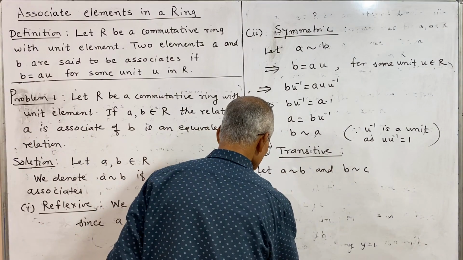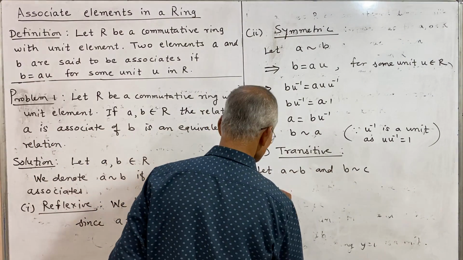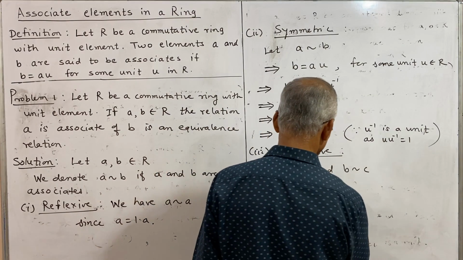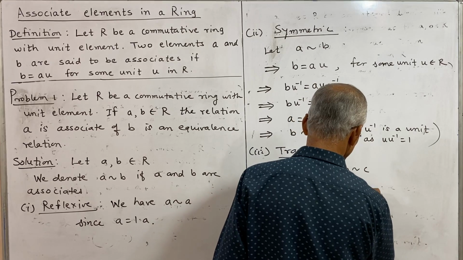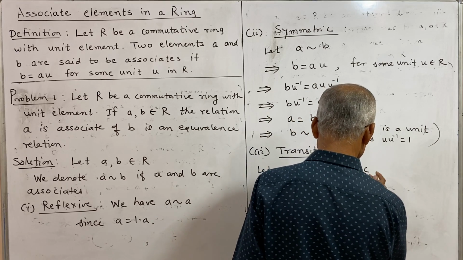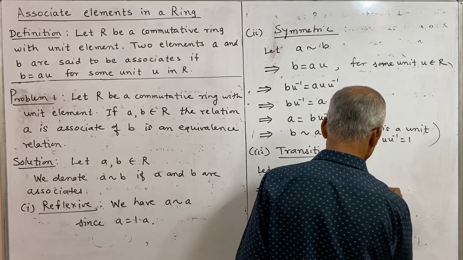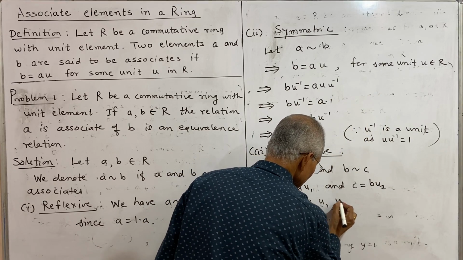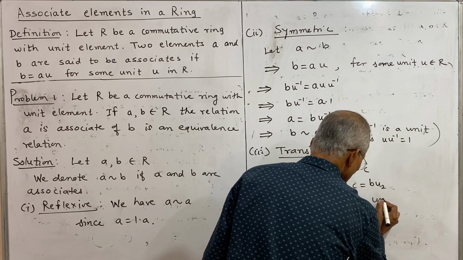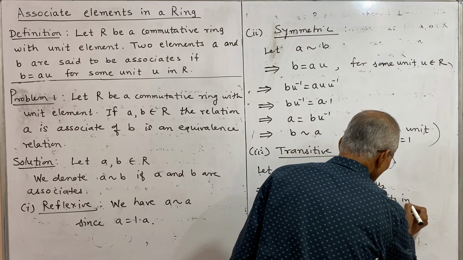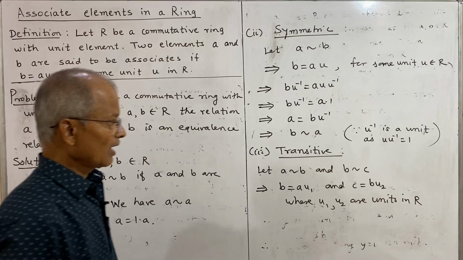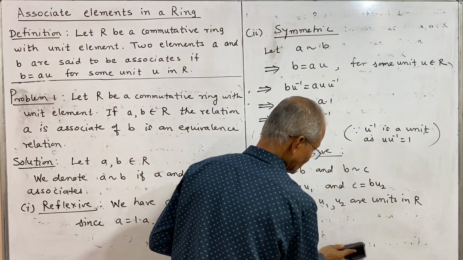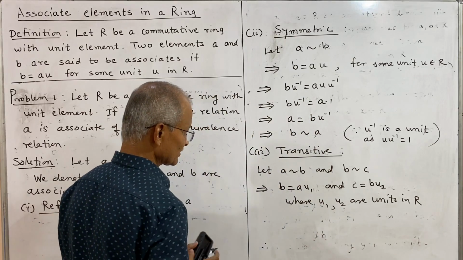So this implies B is equal to A into U1 and C is equal to B into U2, where U1, U2 are units in R, and from this we can express C.